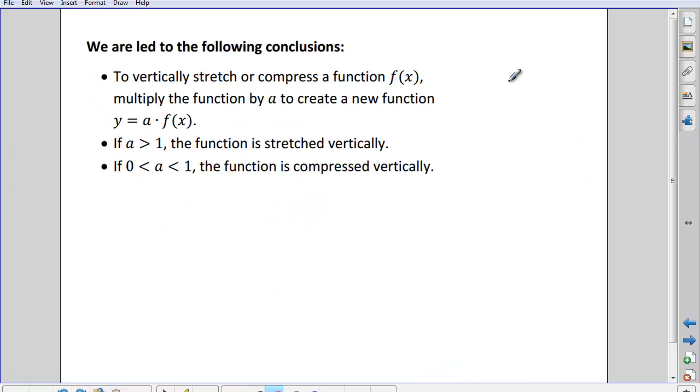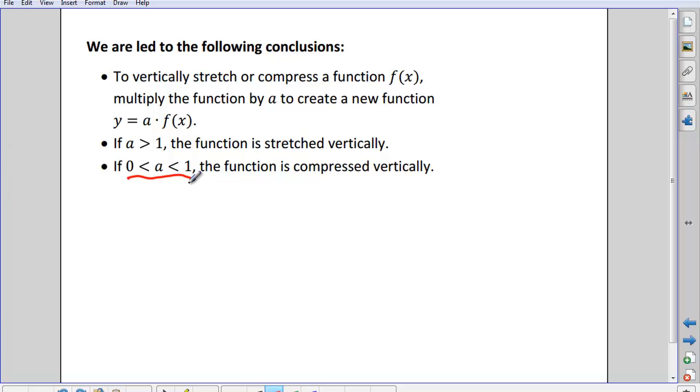If we call that value A, if A is larger than 1, it's stretched vertically. So you get a stretching. That's like 2 stretched it vertically because it was larger than 1. If A is between 0 and 1, it's compressed vertically. And so that's why 1/2 squished that thing down.